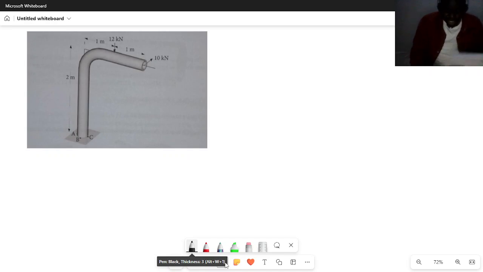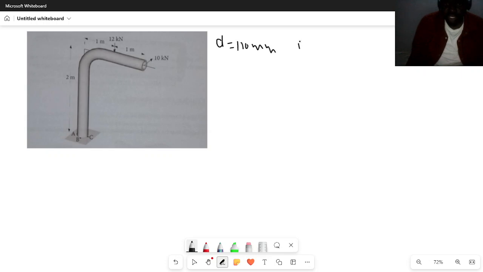Here we have outside and inside diameter. Interesting. Really interesting. Okay, what's the question? We have outside and inside diameter. So for the inside, we're gonna call it small d, which is 110 millimeter. For the outside, we're gonna call it big D.